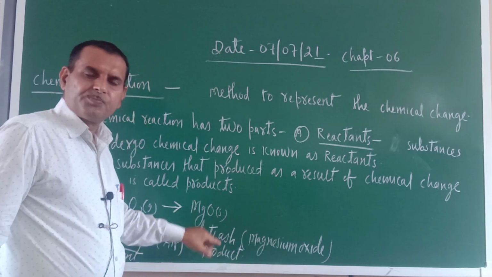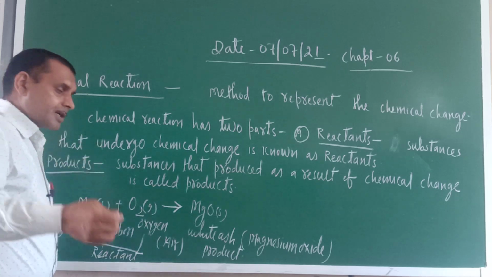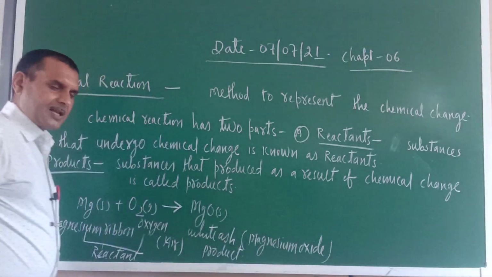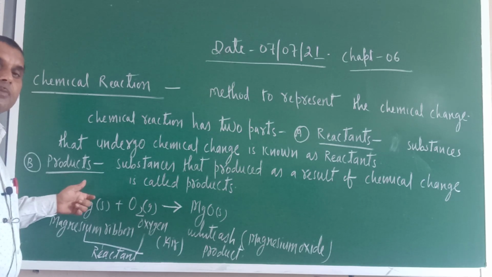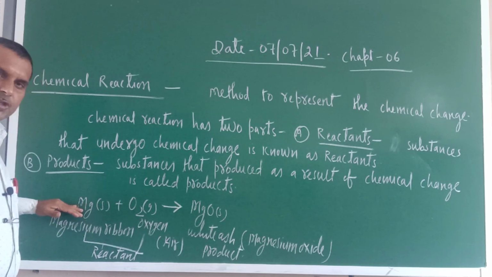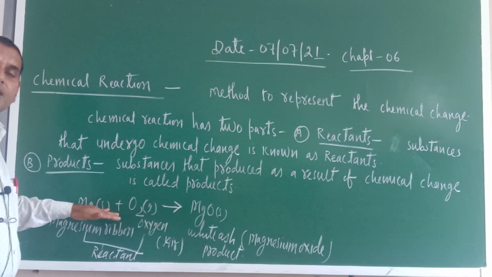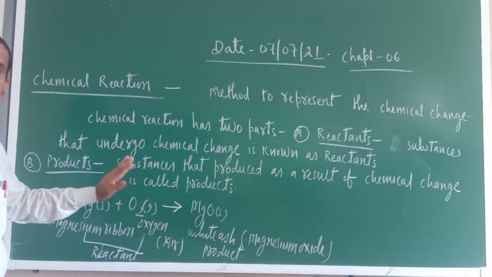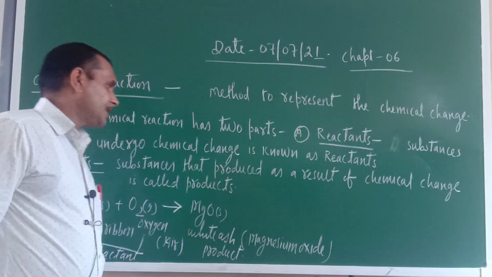Sometimes more than one product is there, and they should be written with a plus sign. Similarly, if more than one reactant is there, they should be written with a plus sign. So this is magnesium and this is oxygen, two reactants, and between them a plus sign should be there.